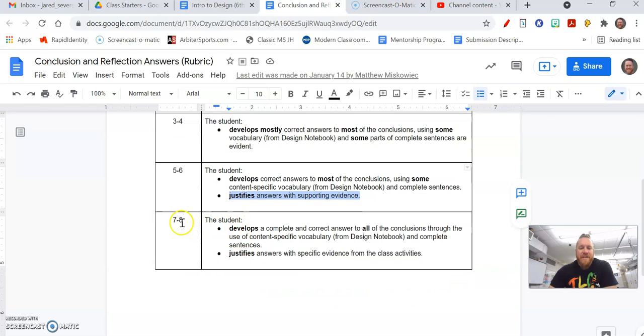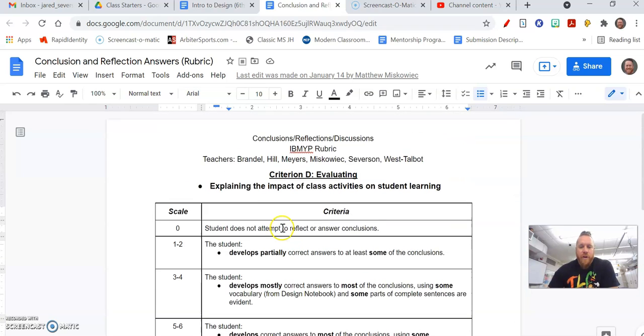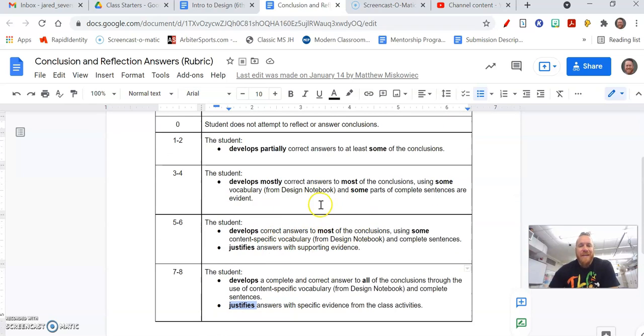And then to get a 7 or an 8 as a grade, do you develop complete, correct answers to all the questions? Do you give explanation or justify your answers from evidence and things that you've seen in class activities? So you're going to want to read through this in a little bit more detail, but based off of this rubric, what grade do you think you deserve?